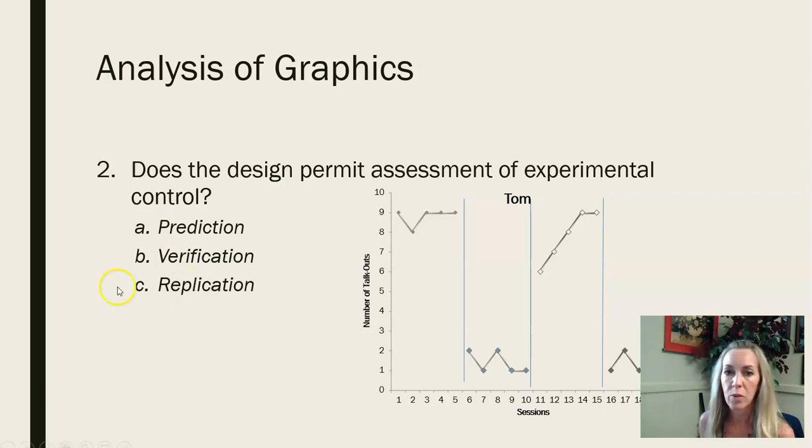Well, we want to look for prediction. Looking at the first condition, we would predict that if procedures remain the same, the data would also remain the same. But our hypothesis is that if we put an intervention in place at a certain point in time, we will have a change in behavior. That's our verification.